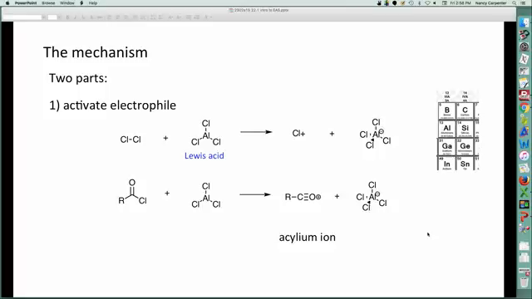It is called an acylium ion, and we'll see that electrophile used quite a bit in electrophilic aromatic substitution. So, step number 1, some way of activating the electrophile.